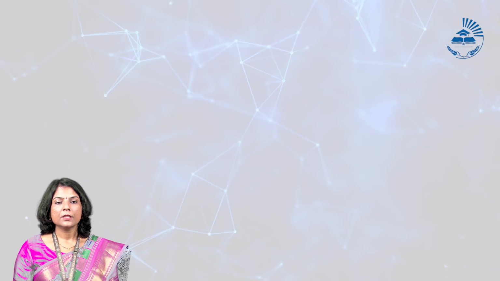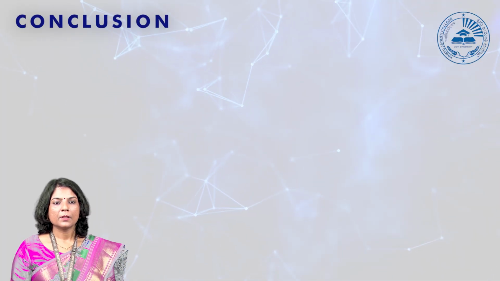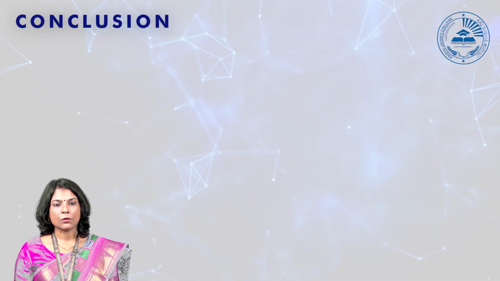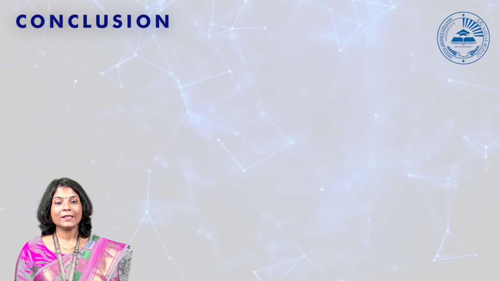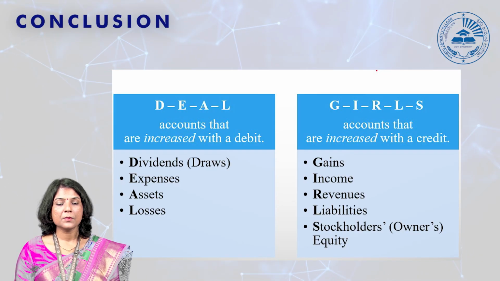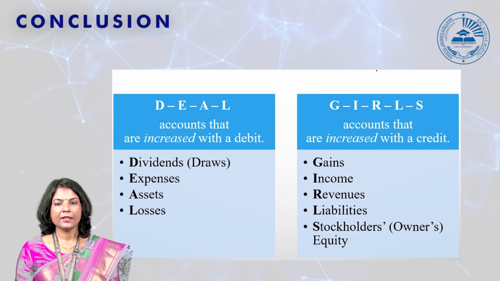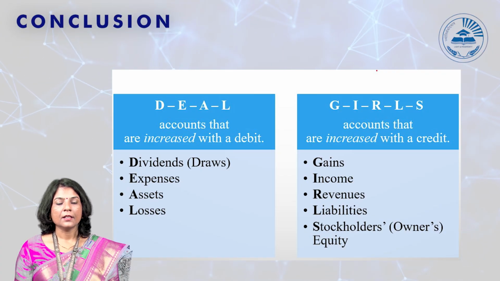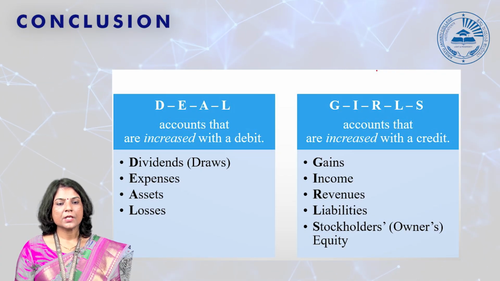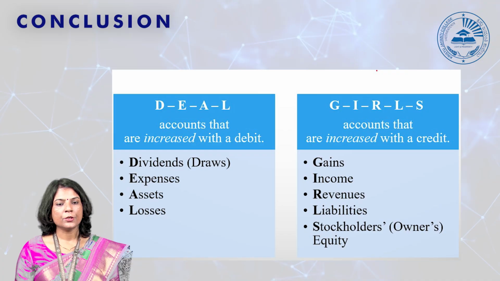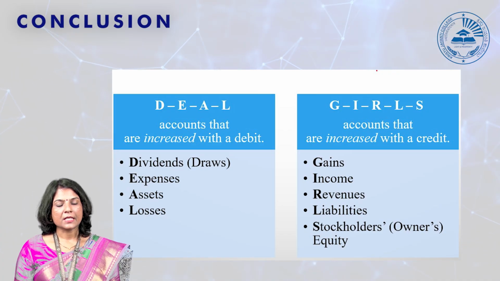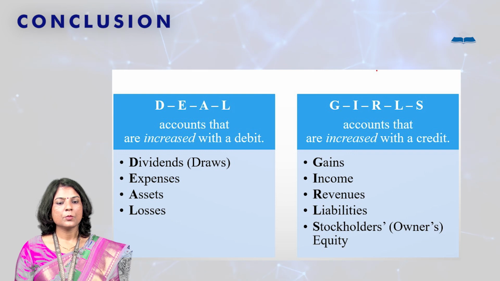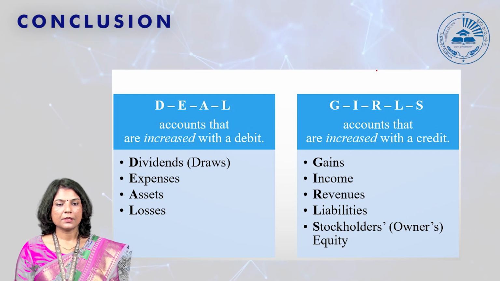To conclude this concept, you can remember how debits and credits, or increases and decreases, impact different account types by remembering DEAL and GIRLS. DEAL: D-E-A-L. D represents dividends or any draws, E represents expenses, A represents assets, and L represents any losses incurred by the company.